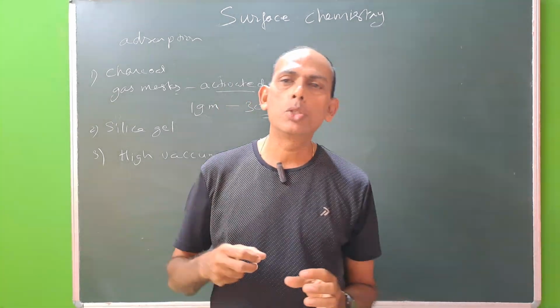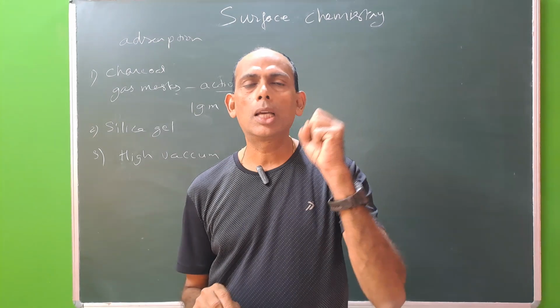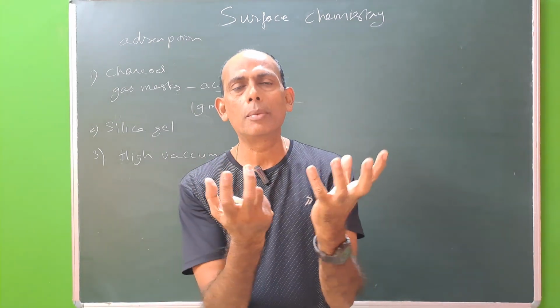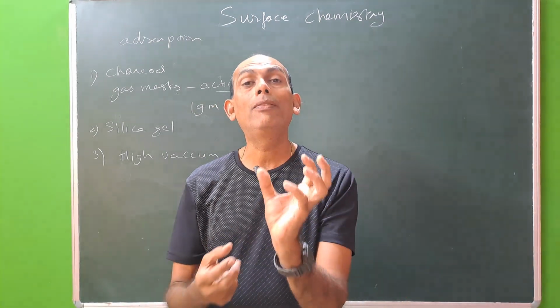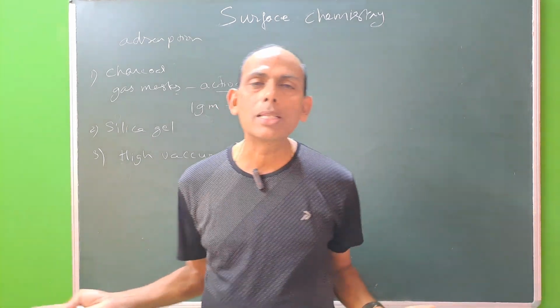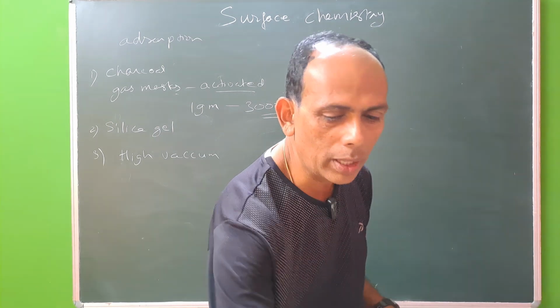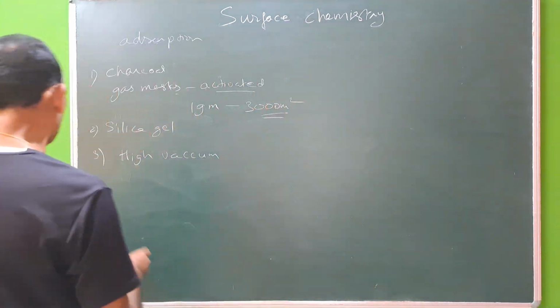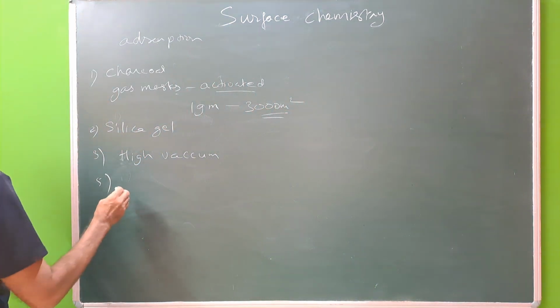In order to remove this, you put charcoal inside. Whatever remaining gases are there will be adsorbed on the surface of the charcoal, so that you get 100% vacuum, a clear vacuum. Okay, that's another use.